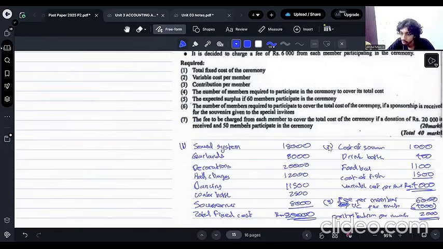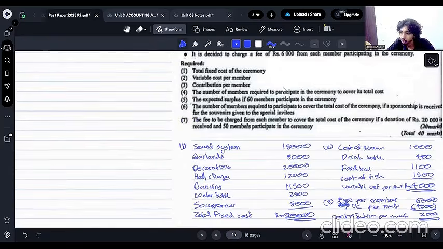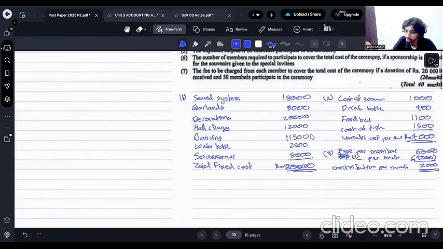Okay. Then fourth one, number of members required to participate in the ceremony to cover the total cost. They are asking for the BEP. BEP in units equals total fixed cost divided by contribution per member.